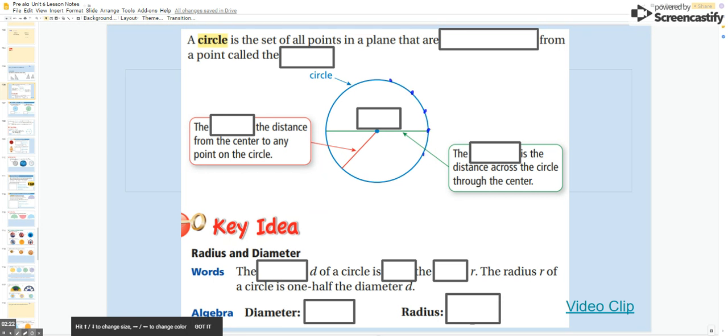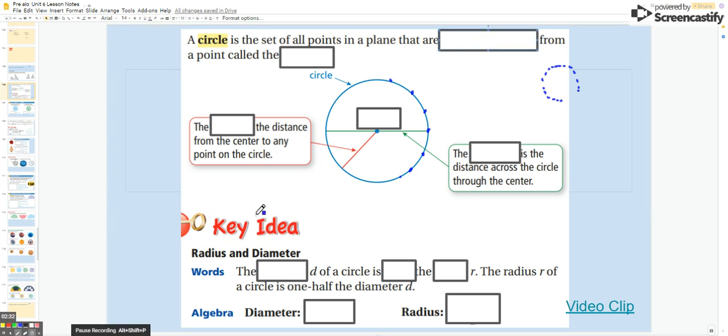It looks like a curve, but actually if you put all the points that are the same distance from a point. So there's a point, and I'm going to put all the points the same distance from this point in the center.